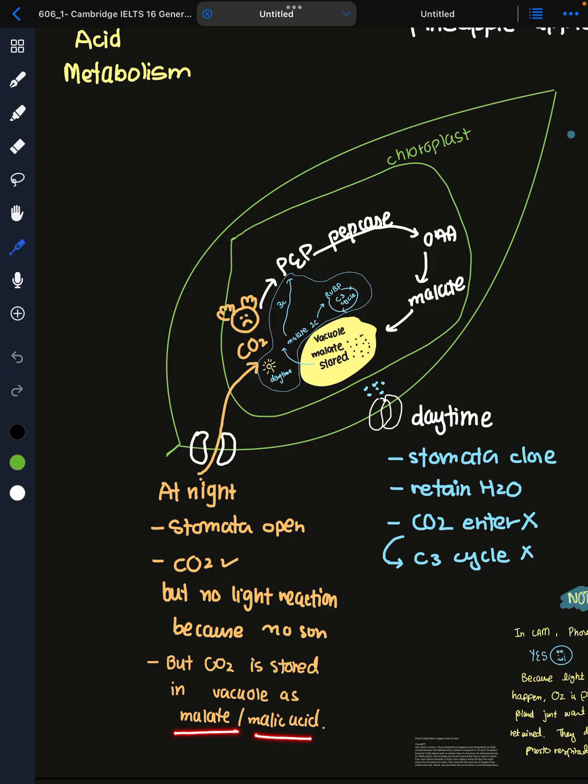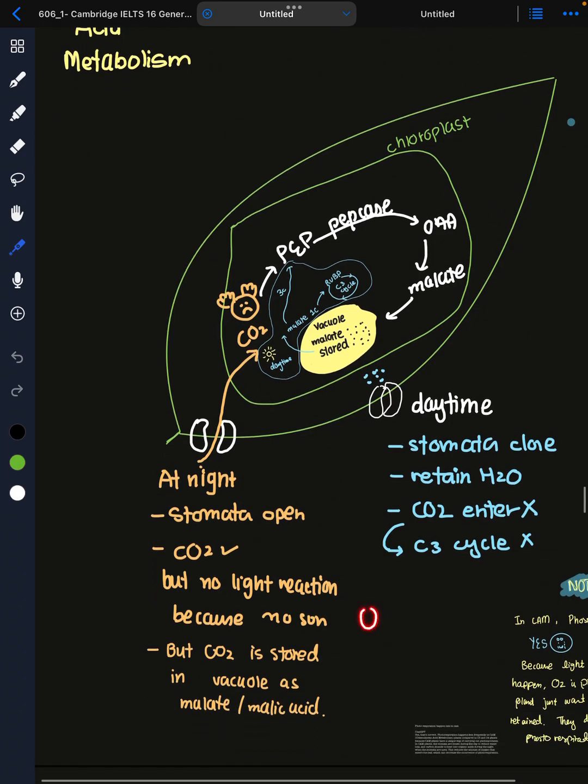When we were doing the C4 cycle, I told you that oxaloacetic acid is converted to malic acid or malate, and then it goes to the bundle sheath cells for the C3 cycle. Likewise, what is happening here is very similar to that.